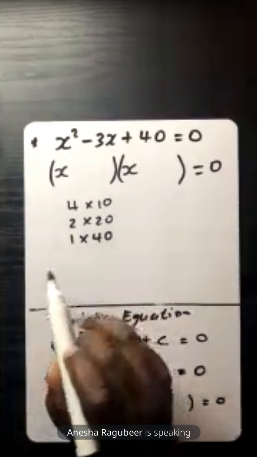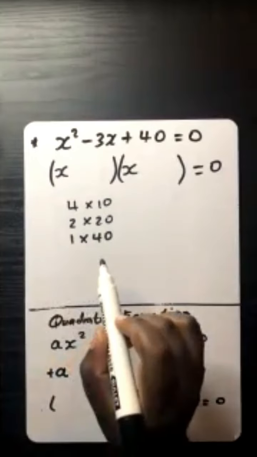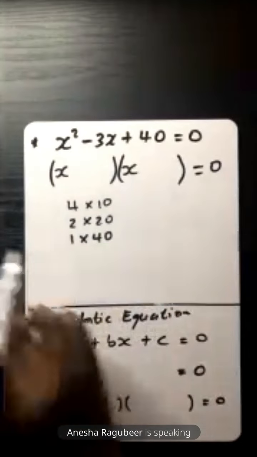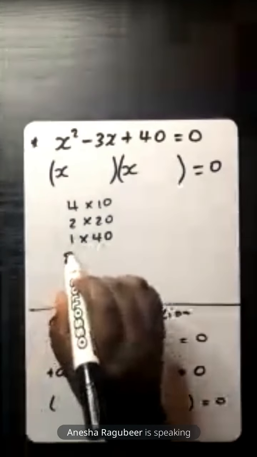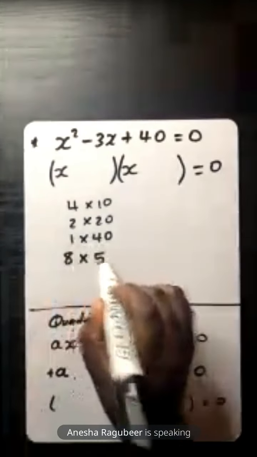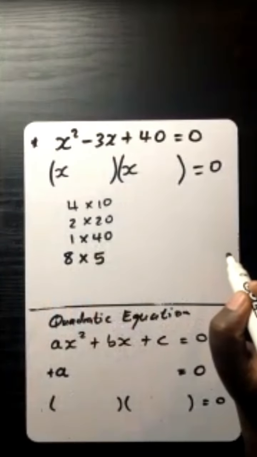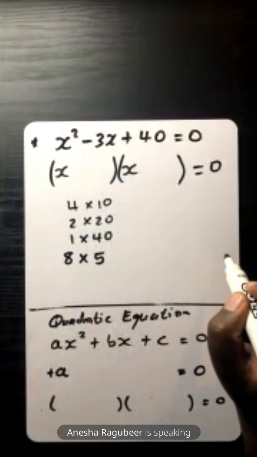What is it? 9 times 5? Yes, sir. No, sir, 8 times 5. 8 times 5, sir. Okay. Sir, and I'm not sure which other ones.